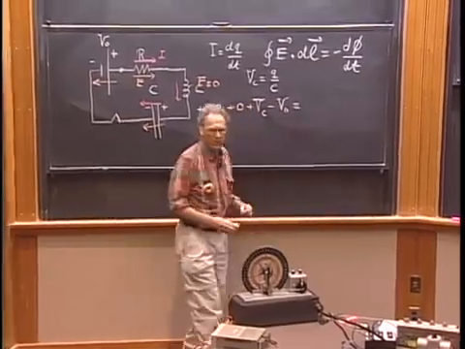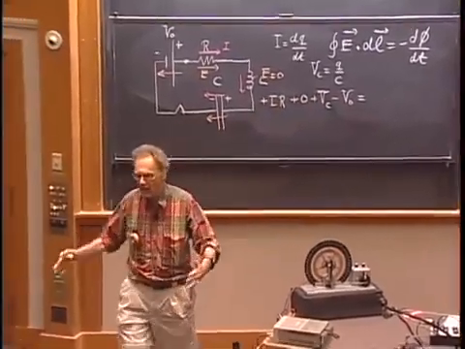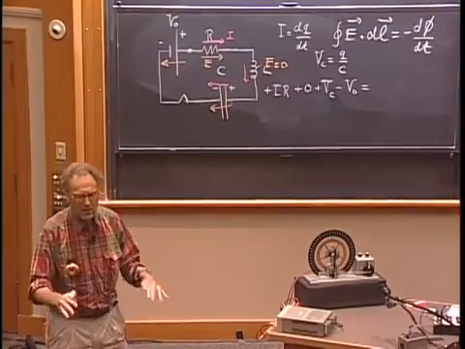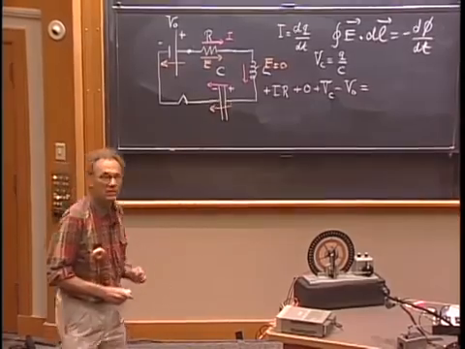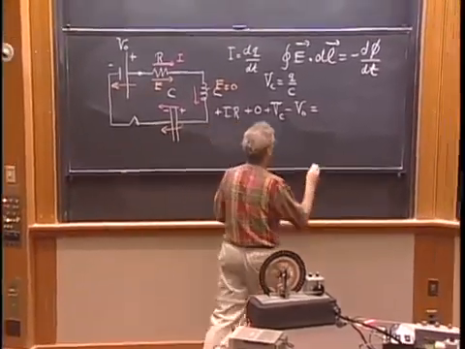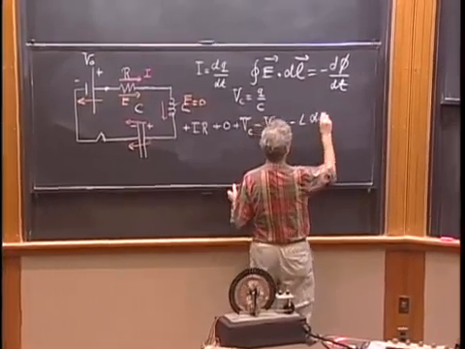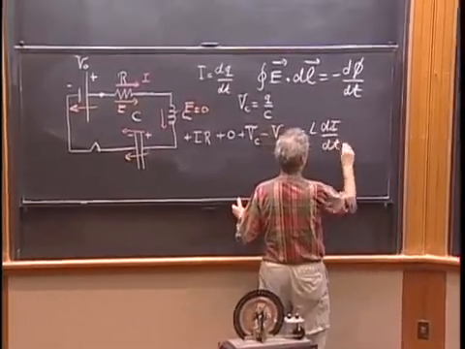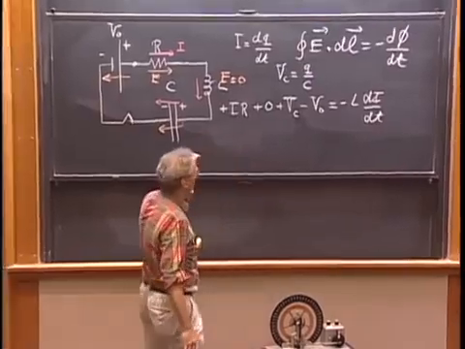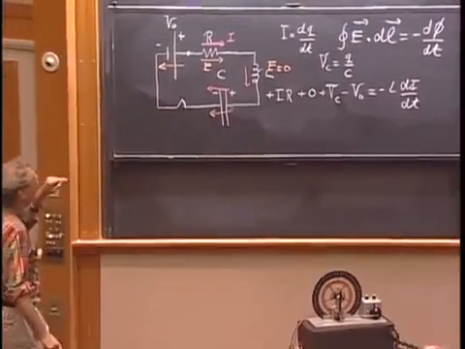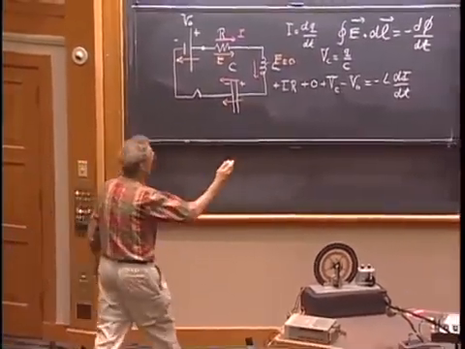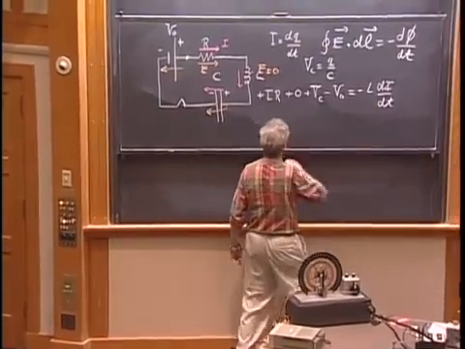And now I go to Mr. Maxwell, to Faraday, and he says, and this now is minus L dI/dt. The hell with Kirchhoff. Minus L dI/dt. And now I have my equation correct. So now I'm going to replace I by dQ/dt, and I'm bringing L to the left.